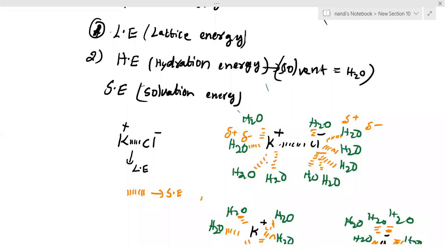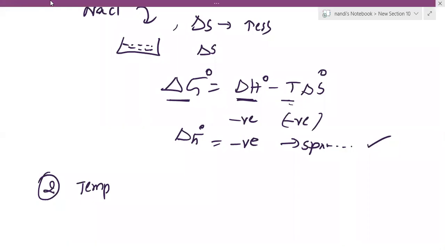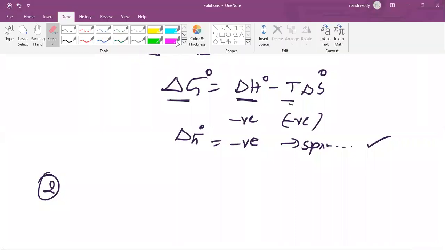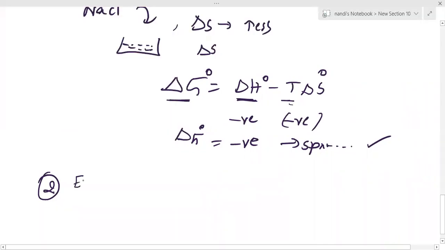Now I'm going to discuss the temperature factor, sir: effect of temperature on solubility. Try to note down a little bit first.